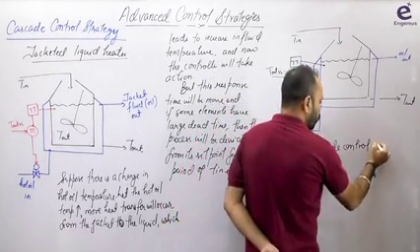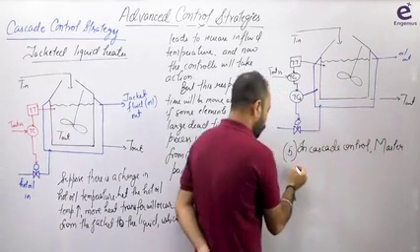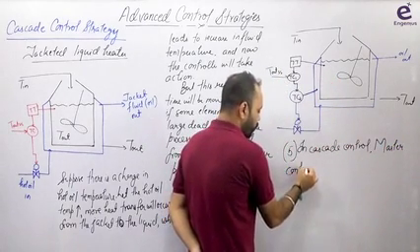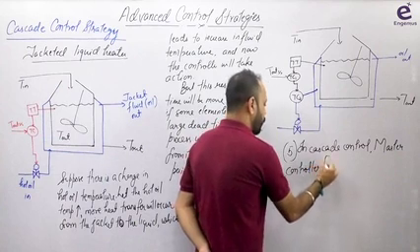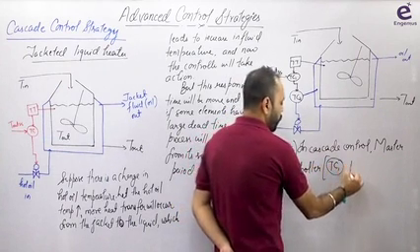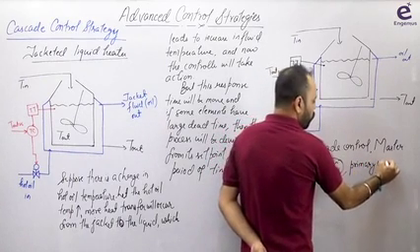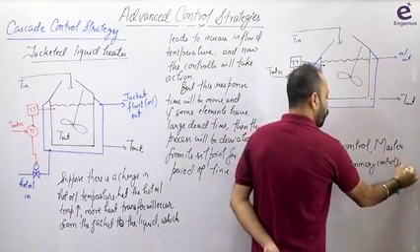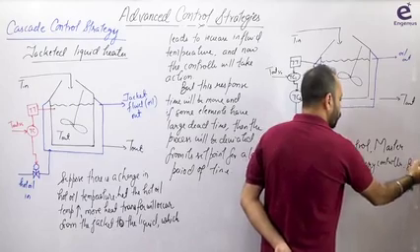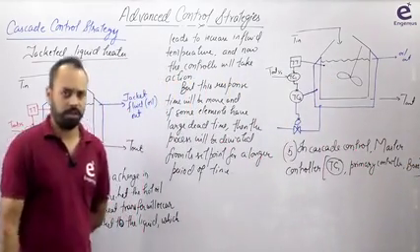In cascade control, master controller means master controller, master and slave. You can say primary controller, or you can say boss. Boss is always right. Boss gives instruction. You have to perform it. You have to do it.